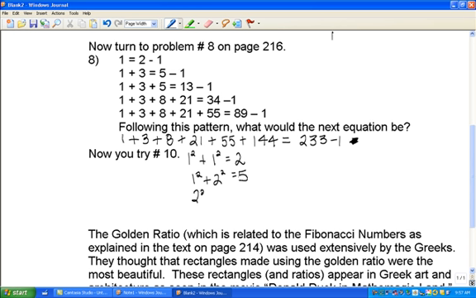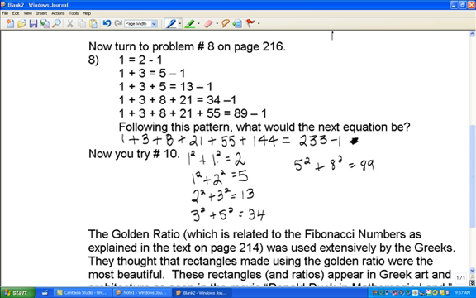Okay, and I'm just jotting down the first few. 3 squared plus 5 squared equals 34. And then 5 squared plus 8 squared equals 89.